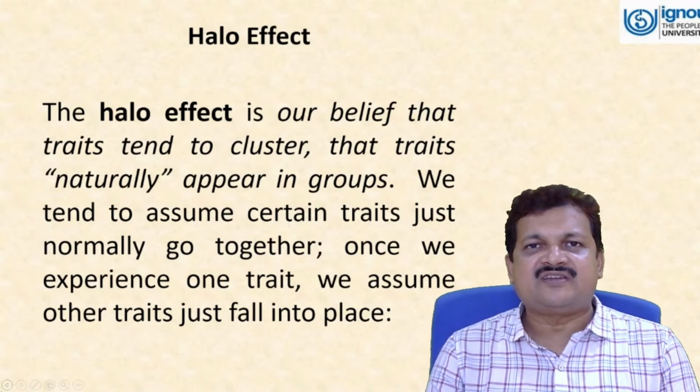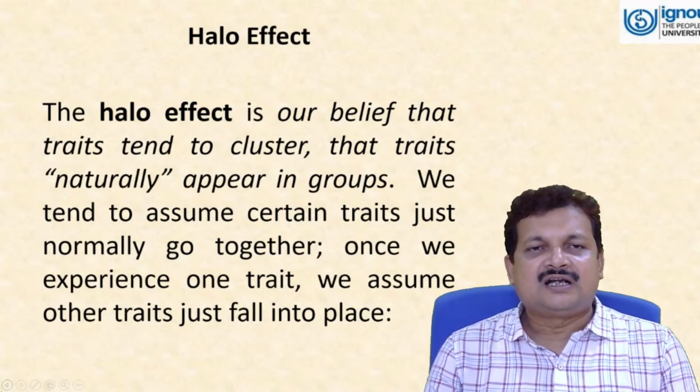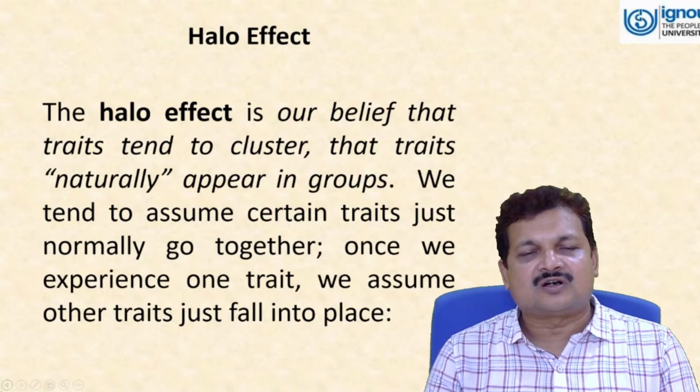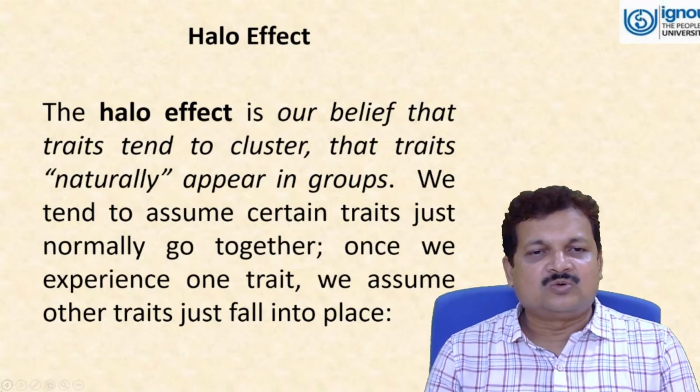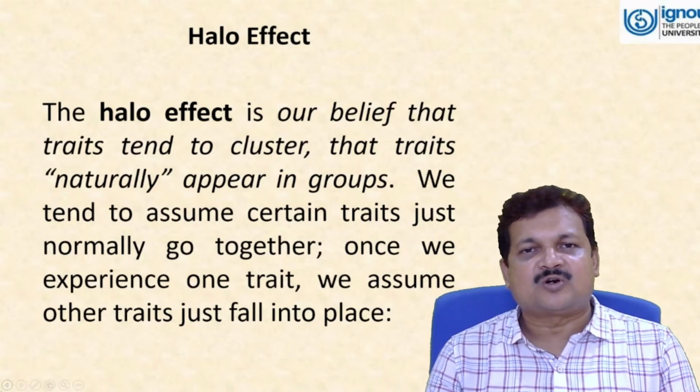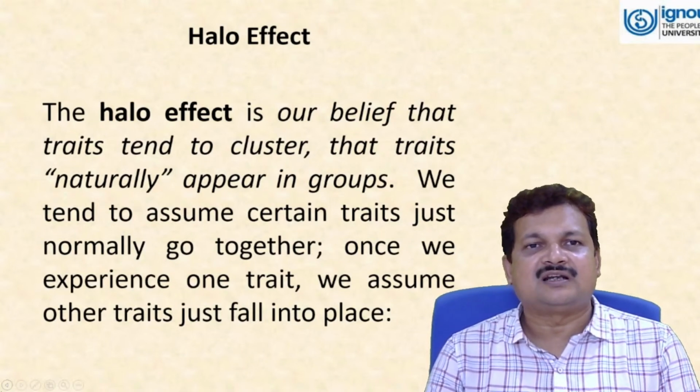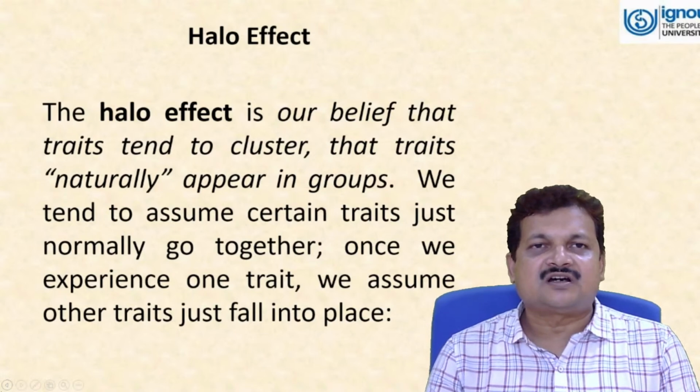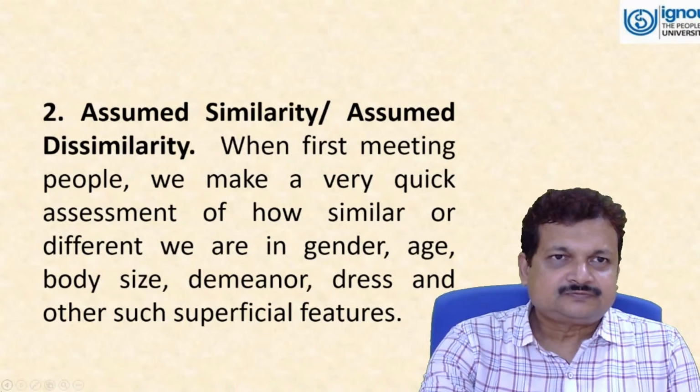So we always have the tendency to study objects and products by only one dimension. On the basis of that, we predict that a particular company cannot produce something, or this product cannot perform very well. So that is what we call the halo effect.